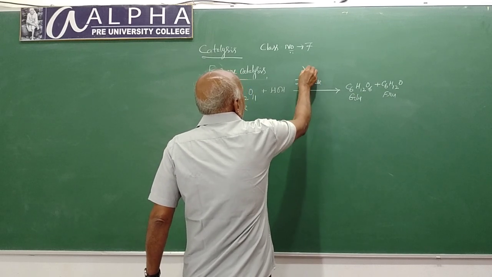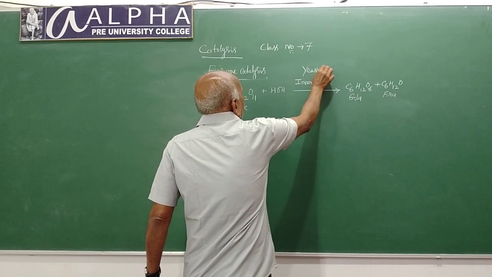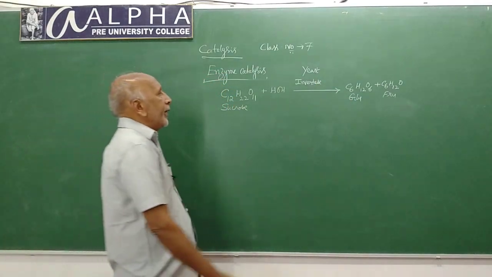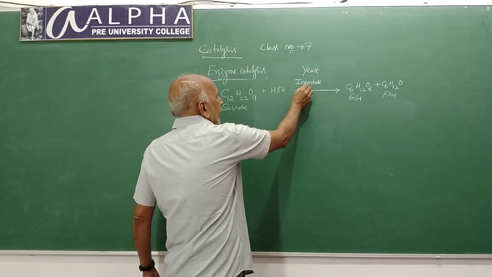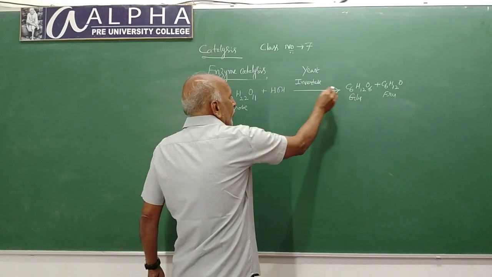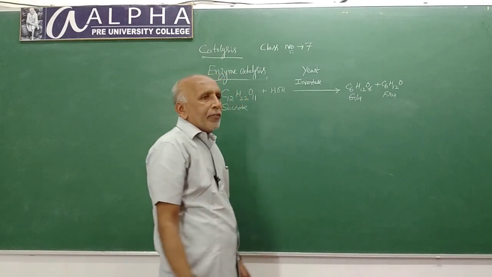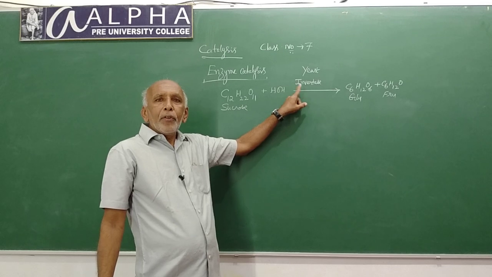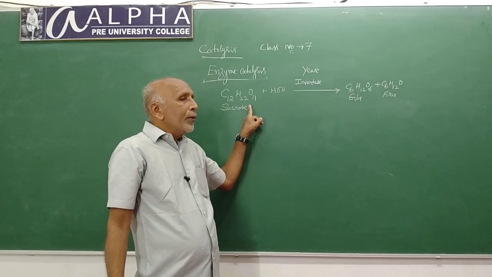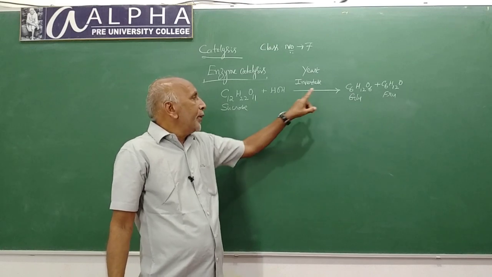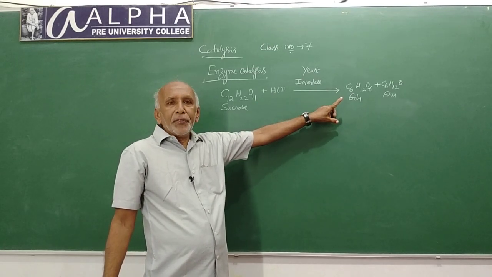For the purpose, we use a substance known as yeast. Yeast contains an enzyme invertase which catalyzes the hydrolysis of sucrose into glucose and fructose. This invertase catalyzes only the conversion of sucrose present in molasses into glucose and fructose.